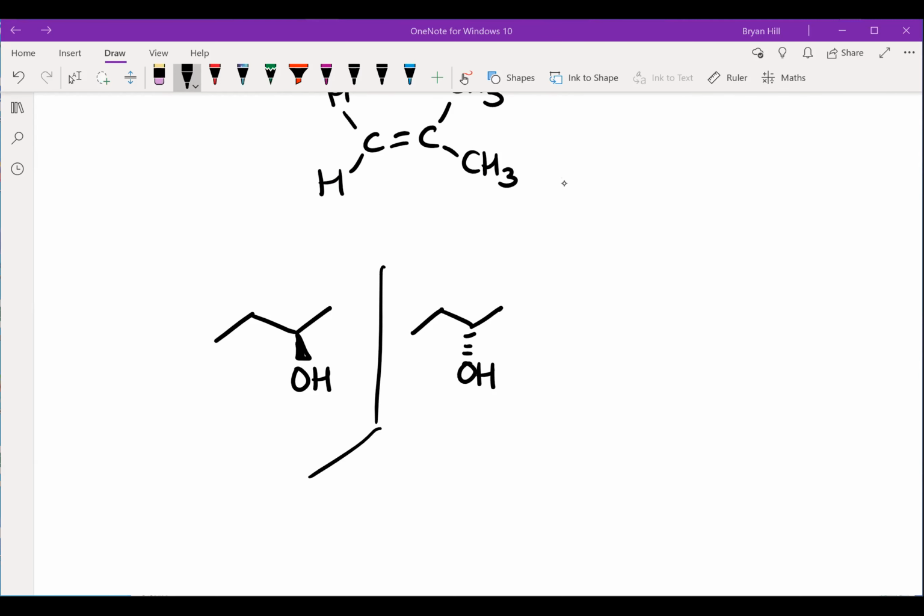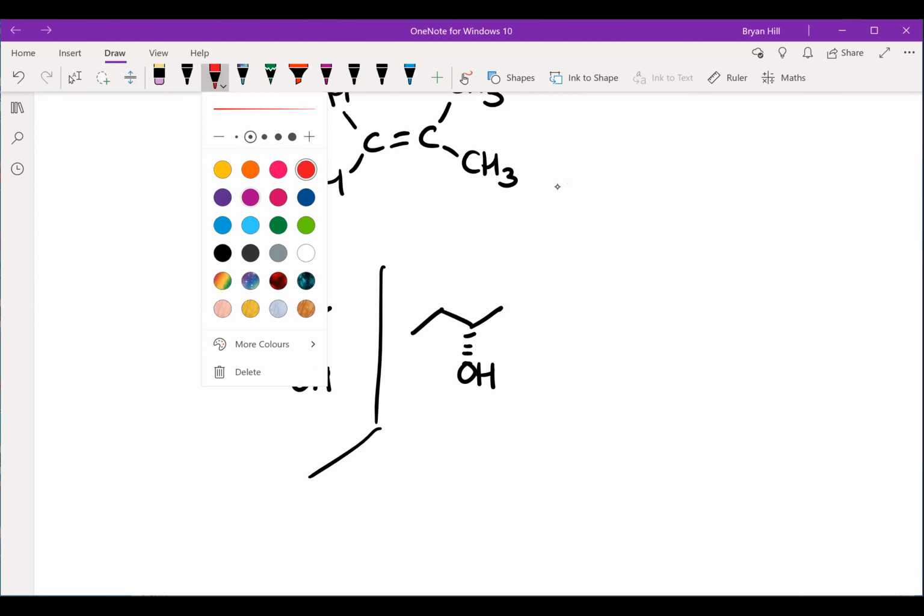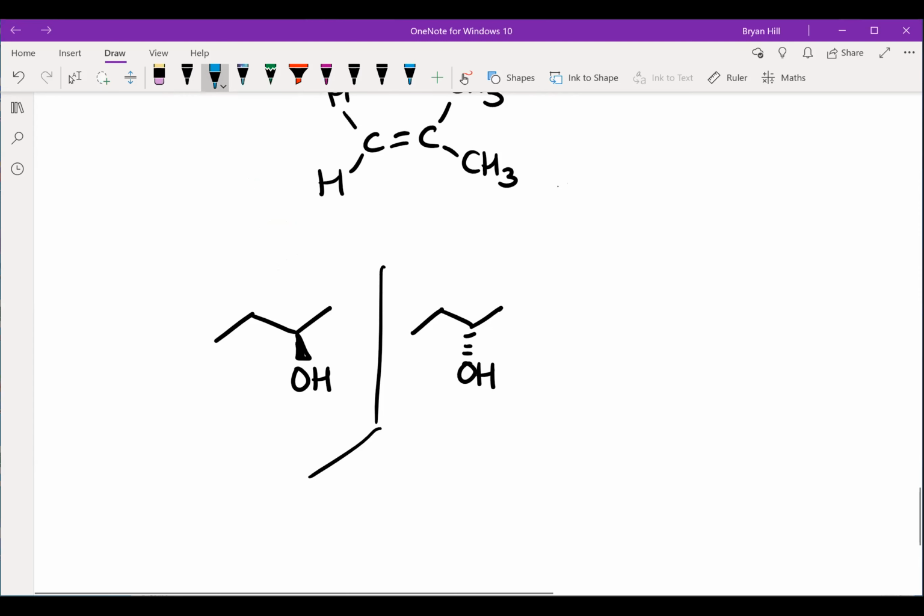I've got a guess of 3. Anybody else? 5? Okay, let's take a look here. We will use blue. There's 1 proton on this carbon, 2, 3, 4, and then the proton here on this oxygen, 5. So we could see a grand total of 5 different signals for 2-butanol.